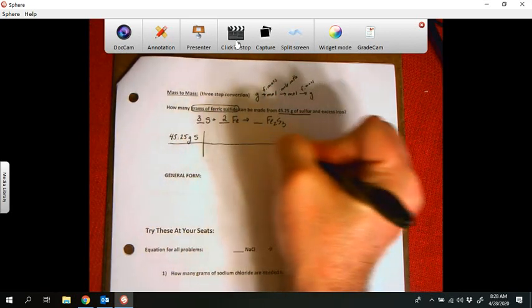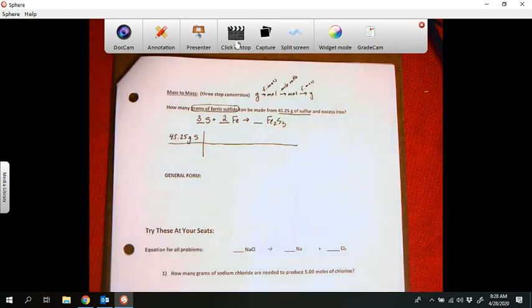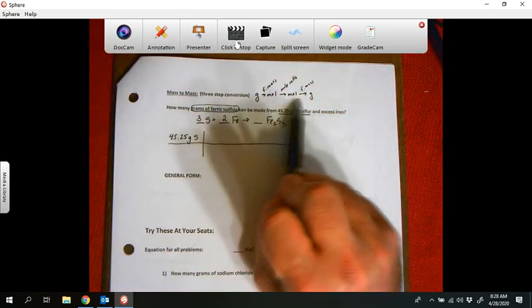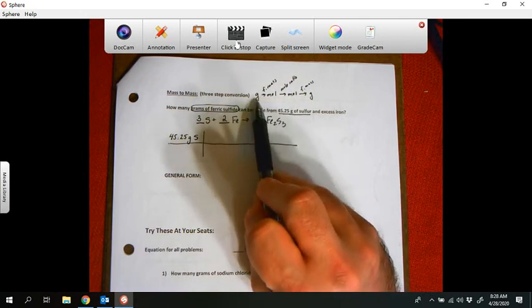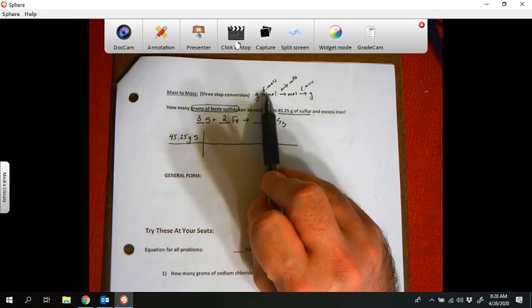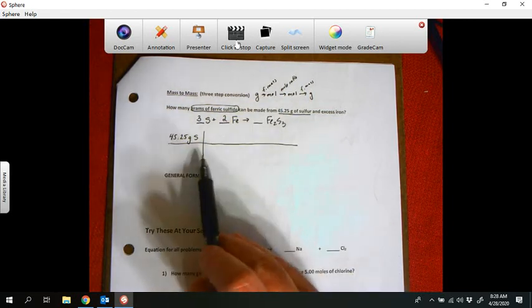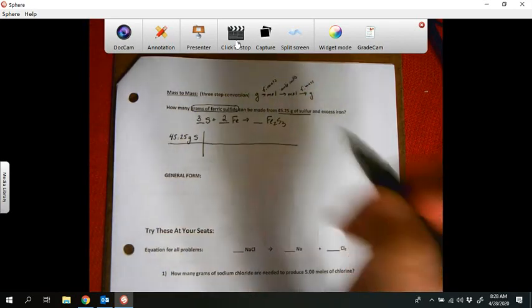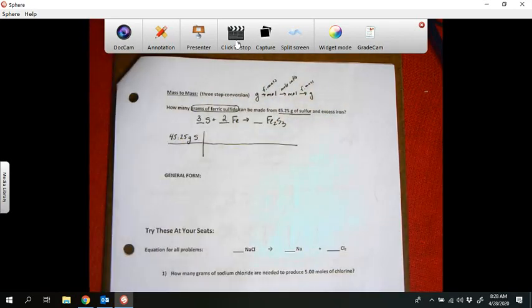I'm going to make our chart a little bit long here because we have a lot of things to write down since we had 3 conversions. So if we look at our little hint guide up here, we're going to start with grams and we're going to go to moles. So we need the formula mass, well in this case since we have an element, the atomic mass of sulfur. And if we look that up on the periodic table, we see that it's 32.07 grams.